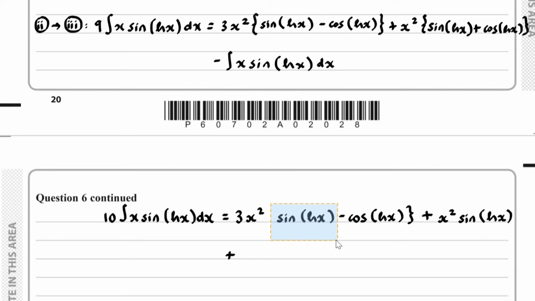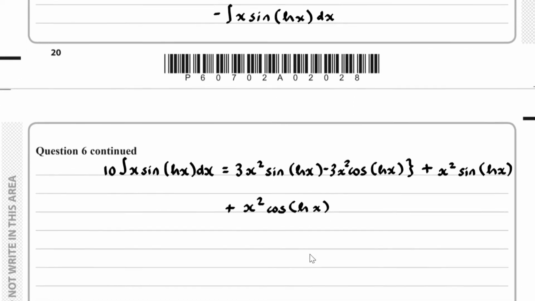I've got this, and then I've got minus 3x squared times this, and then I've got x squared times the cosine of the natural log of x.